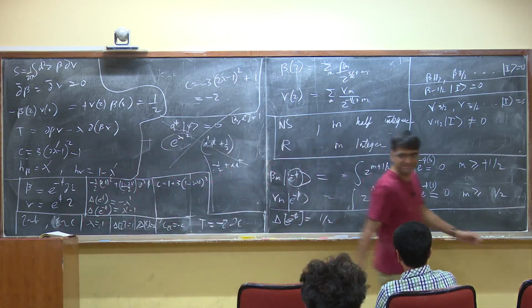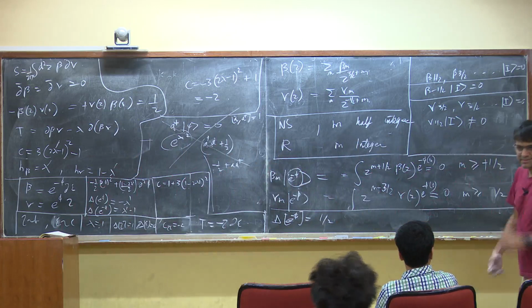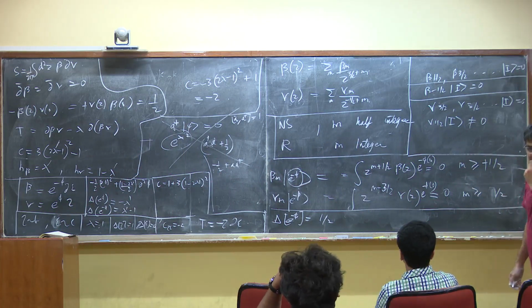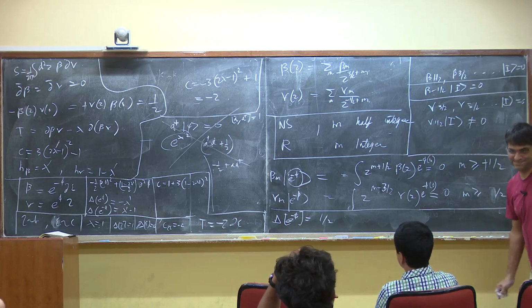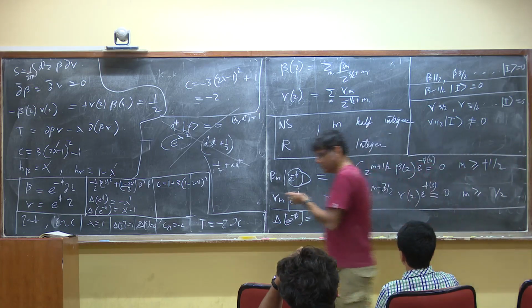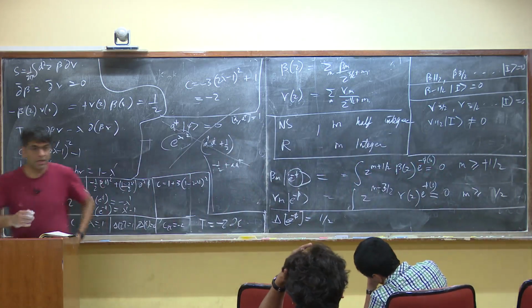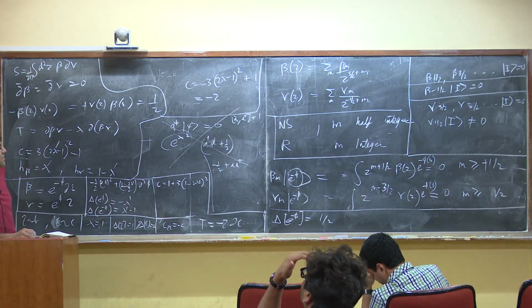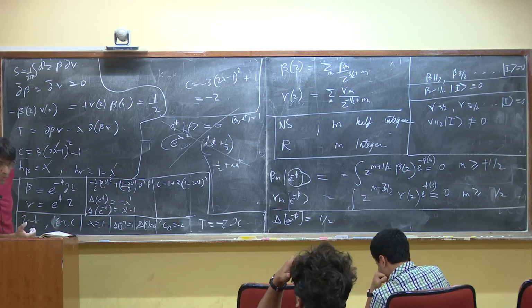Let's check. Yeah. Now in the Ramond sector, again we have zero modes. On the cylinder, you don't have anything. Even in the Ramond sector, if you are on the cylinder, we have m equals 0.